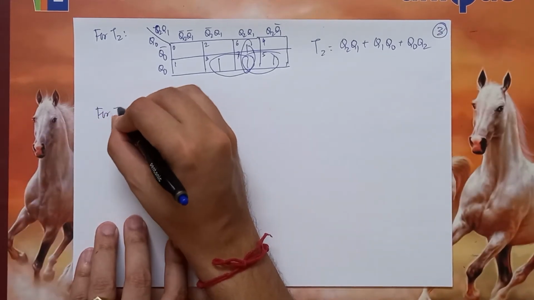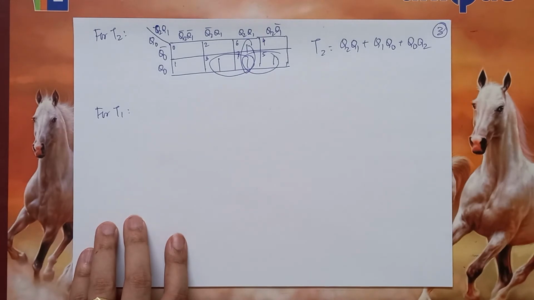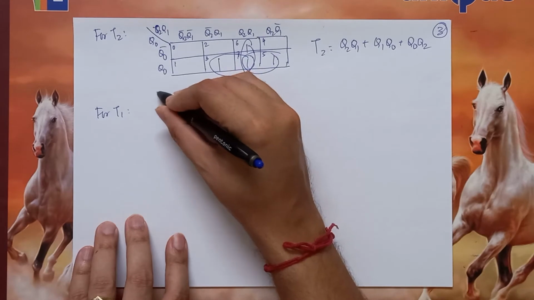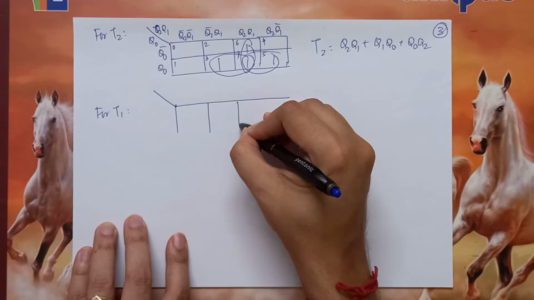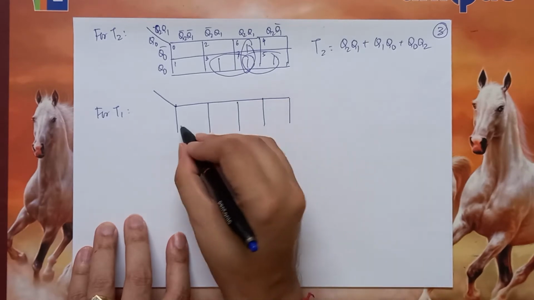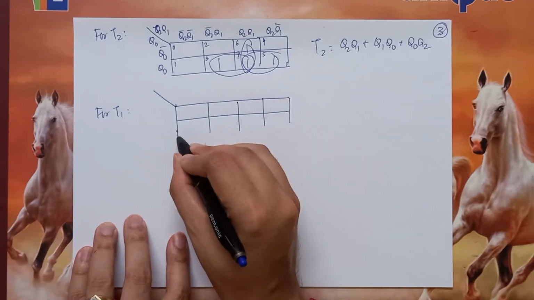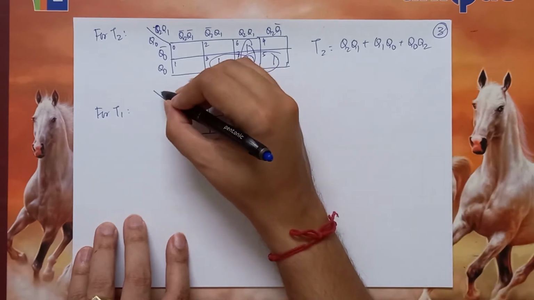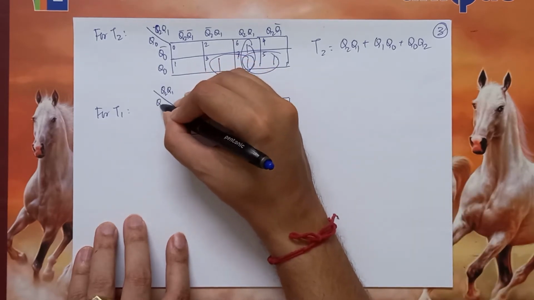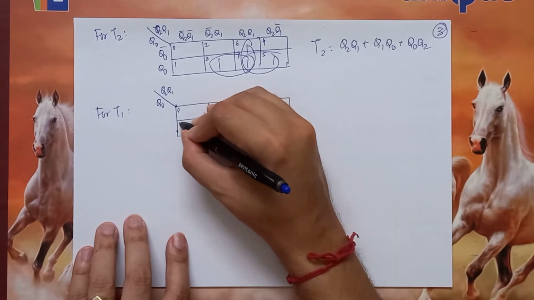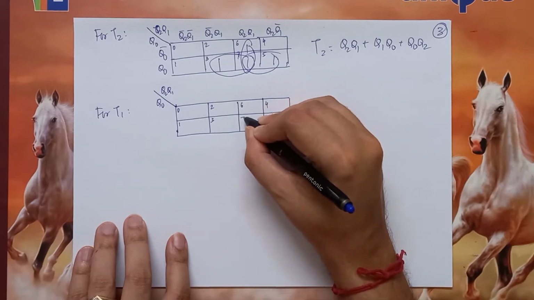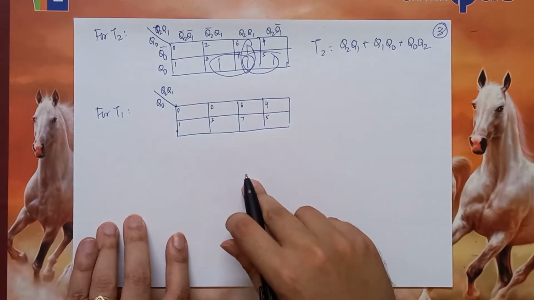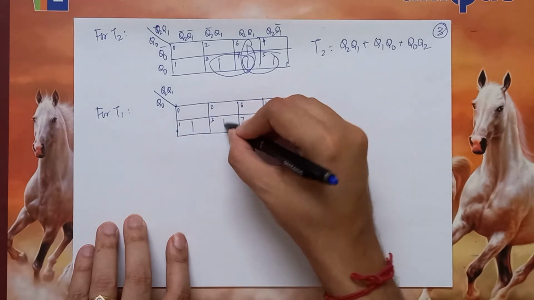For T1, the K map looks like this. So the minterms for T1 we derived are 1, 3, 6 and 7.